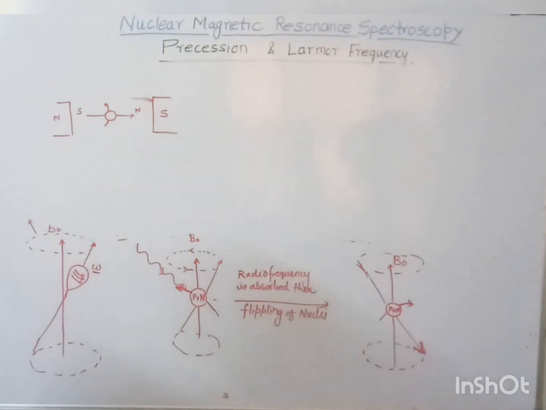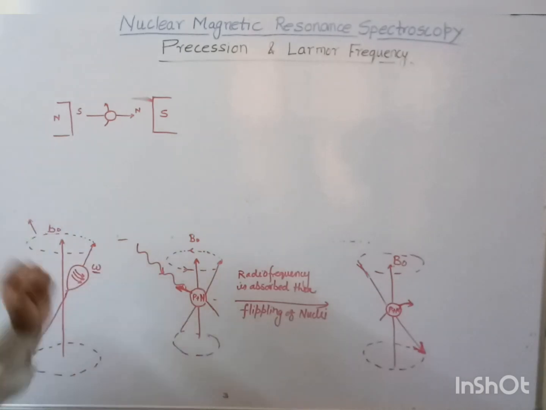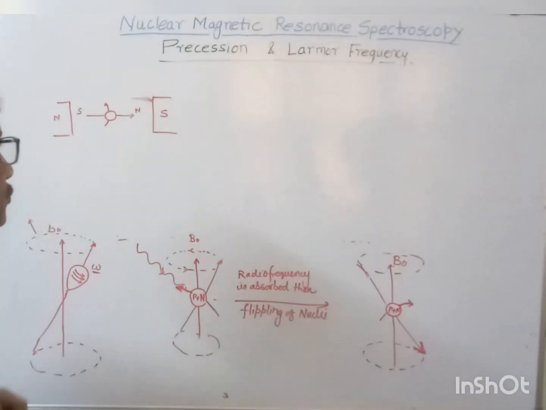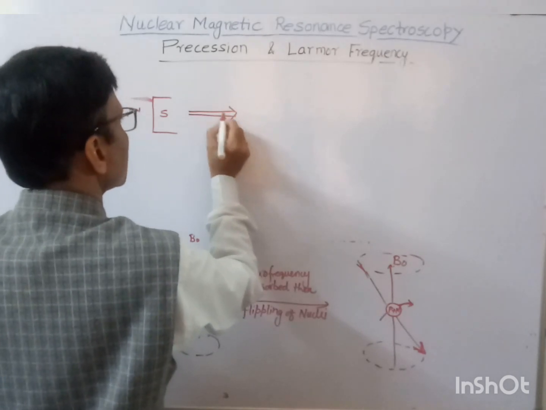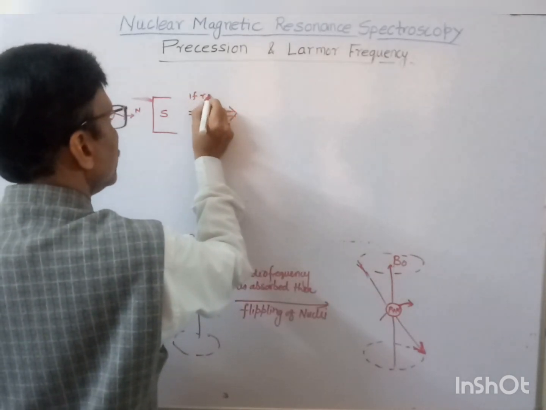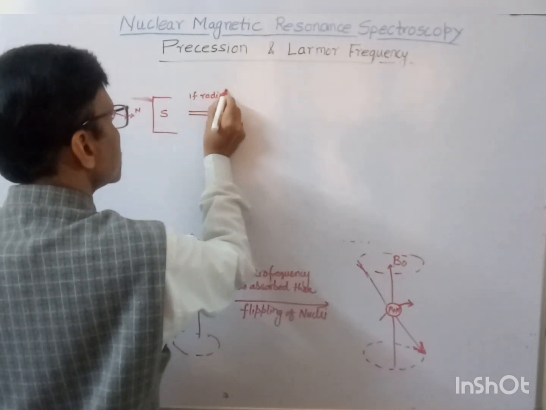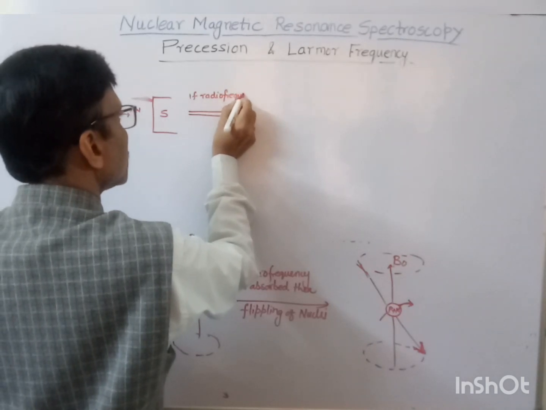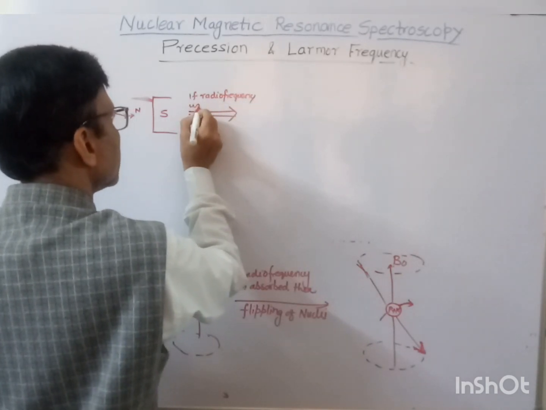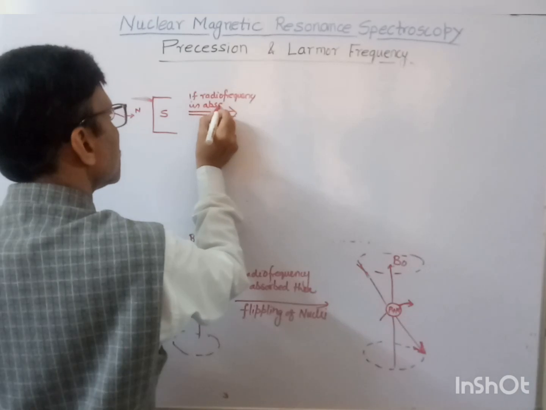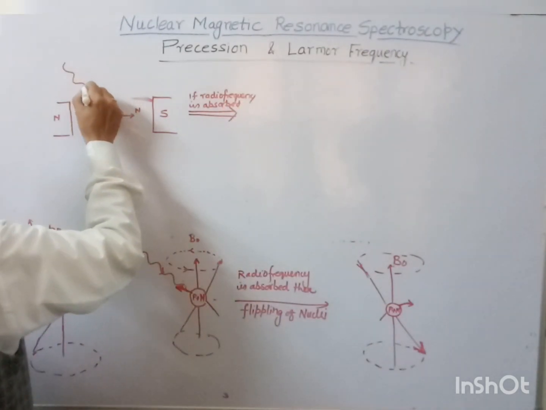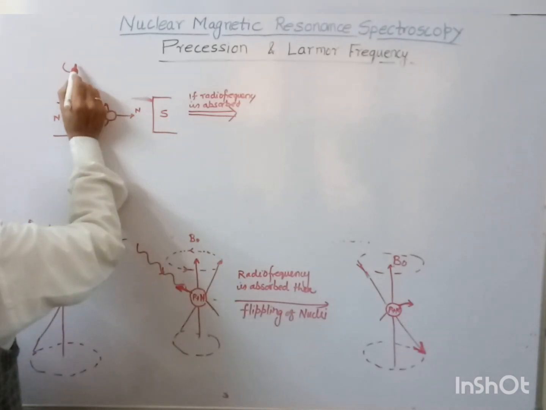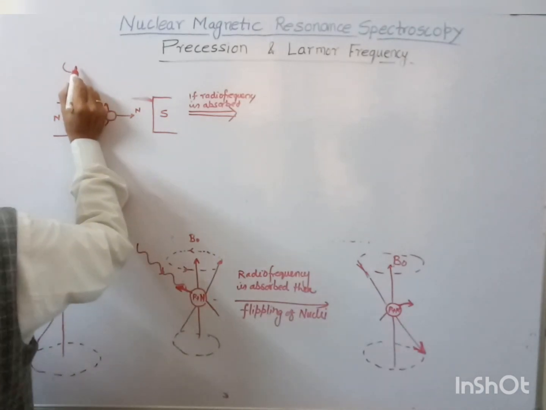Now at this position, suppose the radio frequency is absorbed. Suppose radio frequency falls over it, which is called the operating frequency.